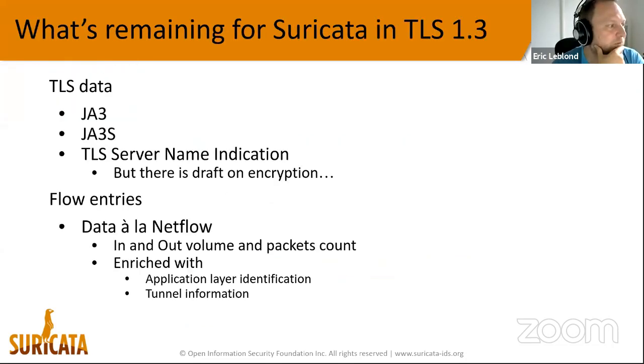What we have left is JA3, JA3S, and the server name indication, but there is a draft about removing the server name indication and moving it to the encrypted part. That would be kind of a drama for us if it happens. But what we will have left anyway is the flow entries. Suricata is able to produce NetFlow-like data, meaning for every connection, TCP or UDP, we have the volumetry in and out, the source port, the destination port, the source IP, the destination IP, and some other information.